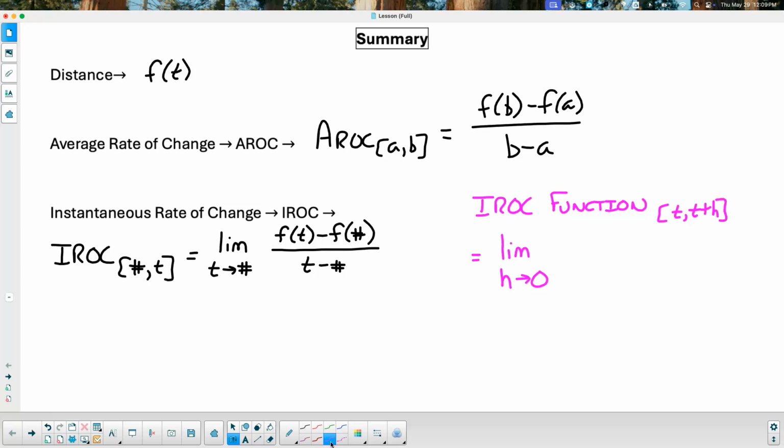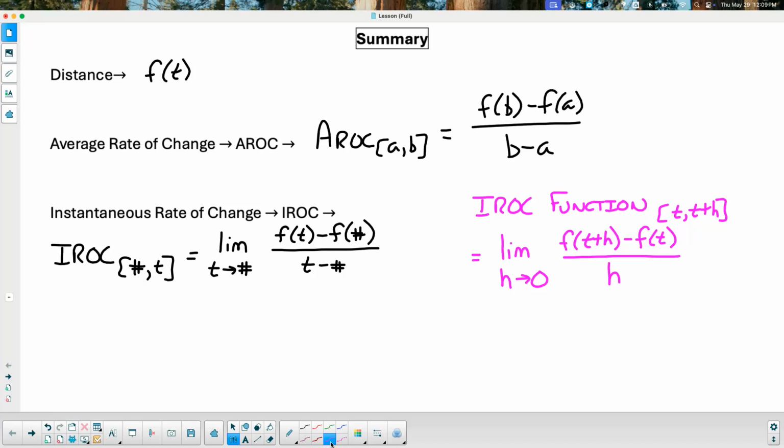That was going to be f of t plus h minus f of t, all divided by t plus h minus t is what it should be. You know what I mean? It looks like this, but we just flat out said yesterday that that's always going to just be h. And then that allows us, we can do that one time, and then we can find the IRoC, the instantaneous rate of change, our velocity at any time.